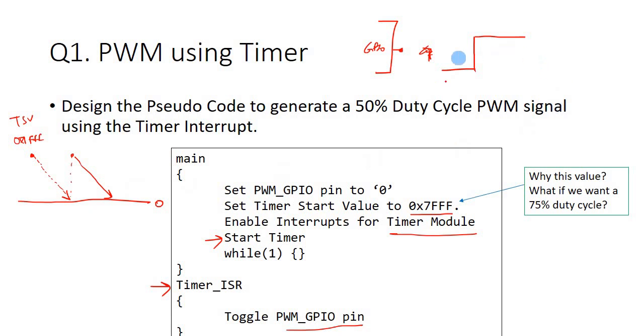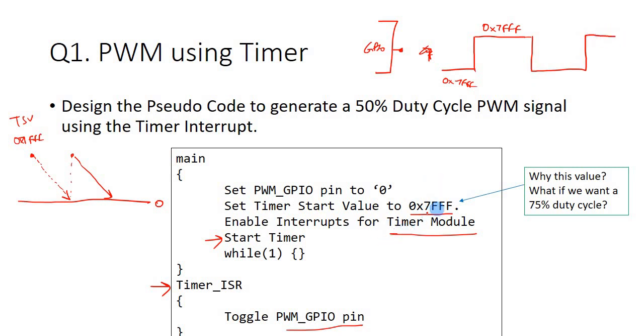So it will be low for 0x7FFF ticks, or counts, and then it will toggle, and then stay at that logic for another 0x7FFF counts, and then at the next ISR it will toggle back. So I'll continuously be doing this.